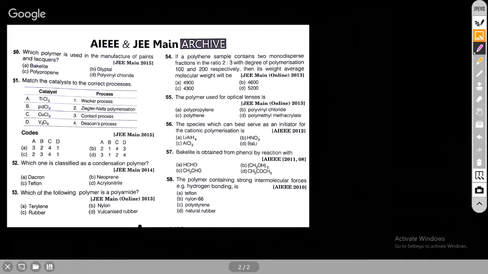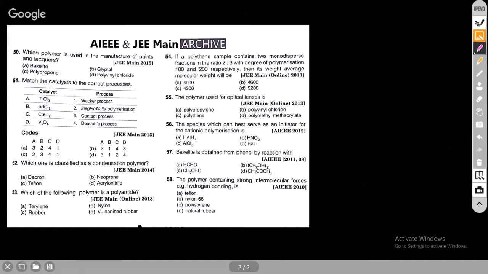TiCl3 we use for what? It is used as a Ziegler-Natta catalyst, right? So A should be 2, and we are left with options B and C only.